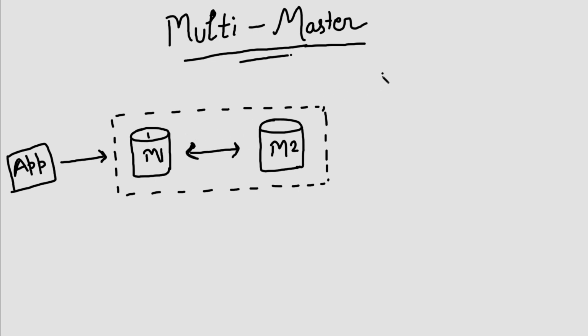Again, the time taken by a write transaction will be a combination of the individual times. So again, I'm considering the 10 milliseconds taken by this and the 10 milliseconds taken by this, and some network delay also. Then the write transaction might take around 30 milliseconds. So there is no improvement time-wise, but both servers can serve the write request.